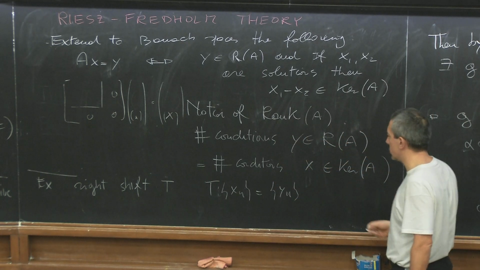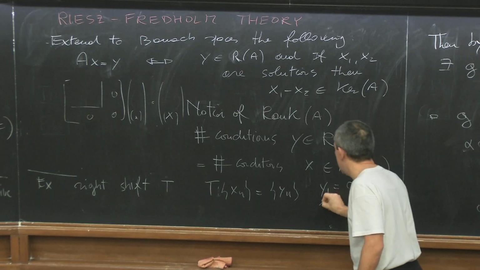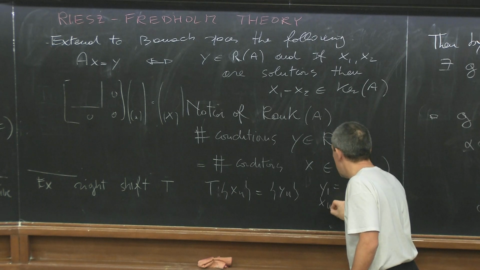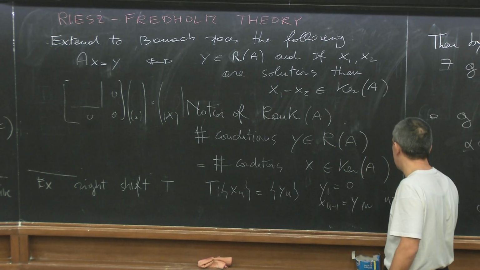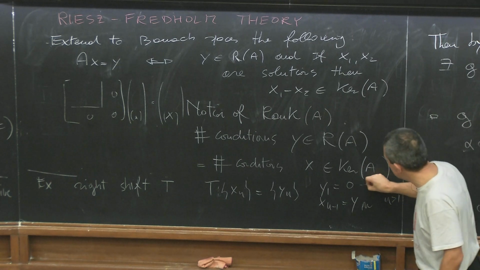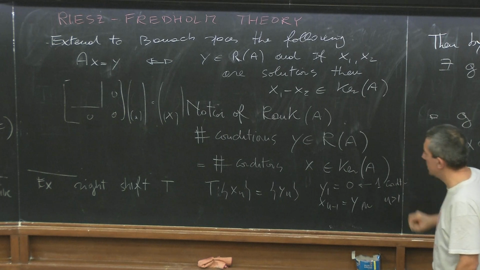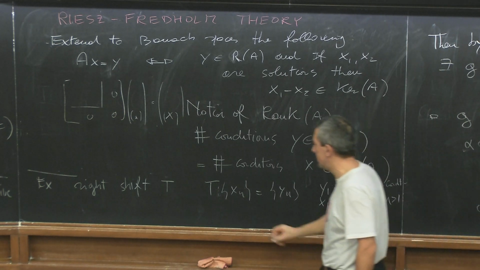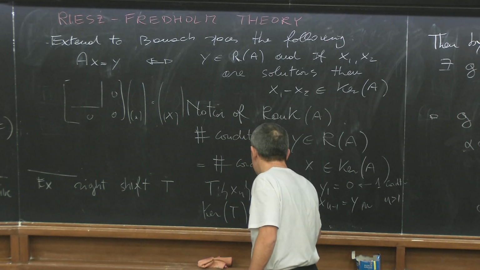It's easy to solve because it says that y1 should be equal to 0 and x_{n-1} should be equal to y_n for n greater than 1. So now you have one linear condition, but the kernel of T is equal to 0.